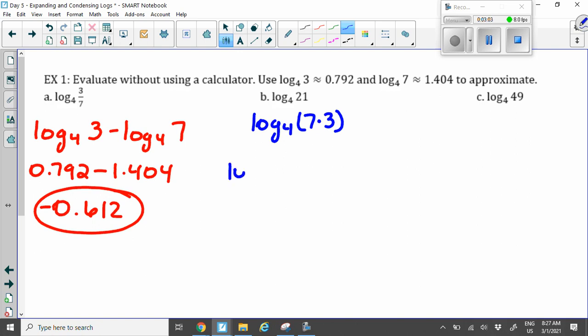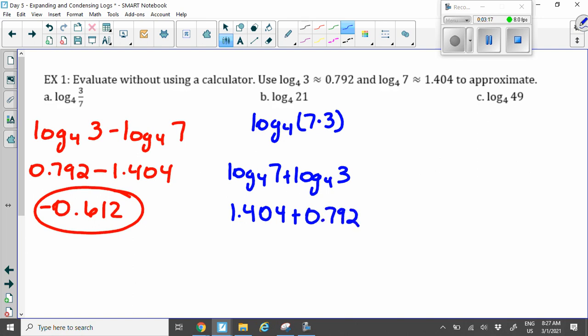So we're going to have log base 4 of 7 plus log base 4 of 3. So our log base 4 of 7 is going to be 1.404, and we're going to add that to 0.792. And once again, it is okay if you want to use your calculator here. So when we do, we should get about 2.192 as our final answer.